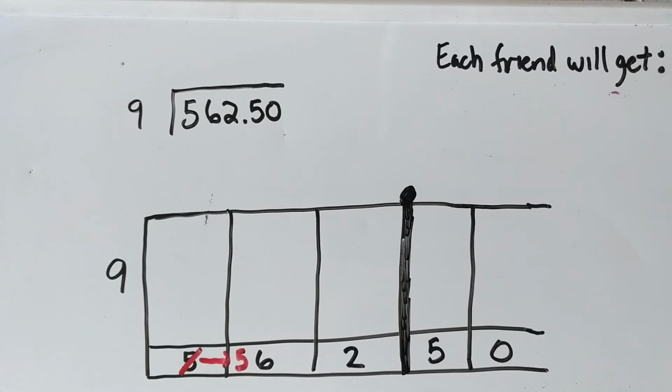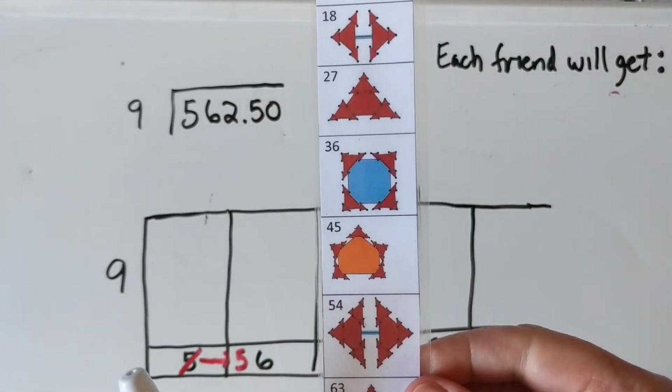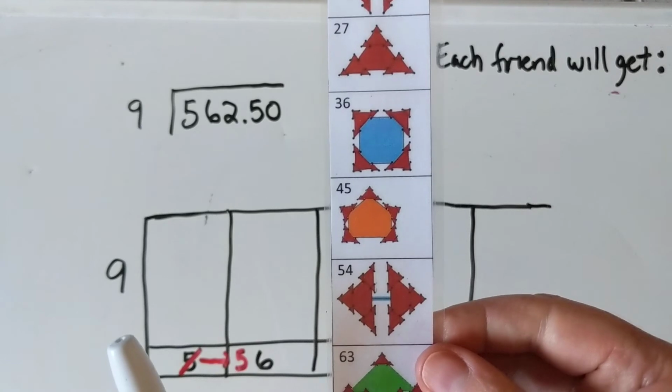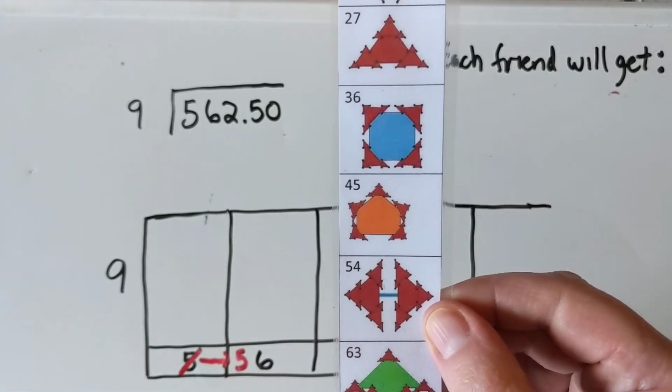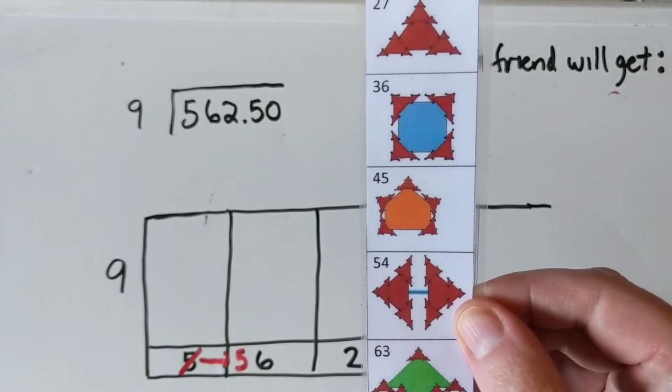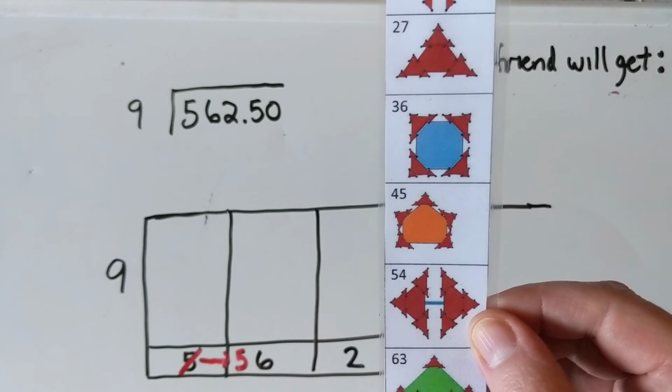Now with 56, maybe I struggle with my times table. It's hard for me to know with 56. So I'm going to look for the biggest number that is less than 56. And I can see here this 54. Okay, so 54 is 6 groups of 9.